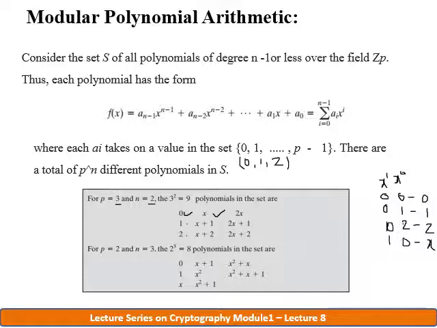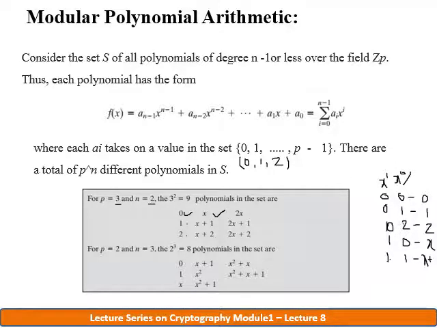After this, what is the next combination? 1, 1. How can I write 1, 1 in polynomial form? The left 1 means x, plus the 1 for x to the power of 0, which is 1.